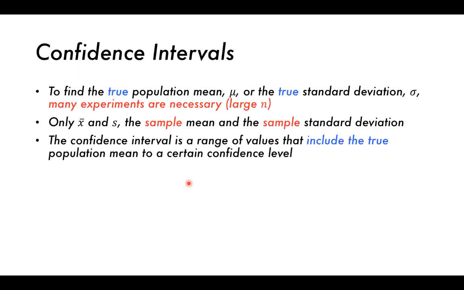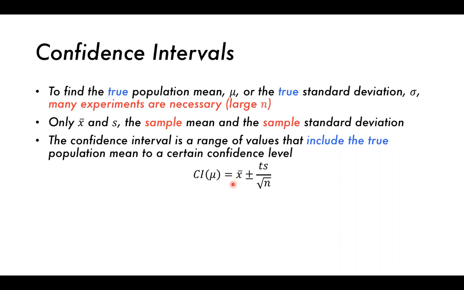But the confidence interval is a range of values that include the true population mean at a certain confidence level. That range will increase if we have a higher confidence level. A 95% confidence level will have a much larger confidence interval than, for example, the 50% confidence level.